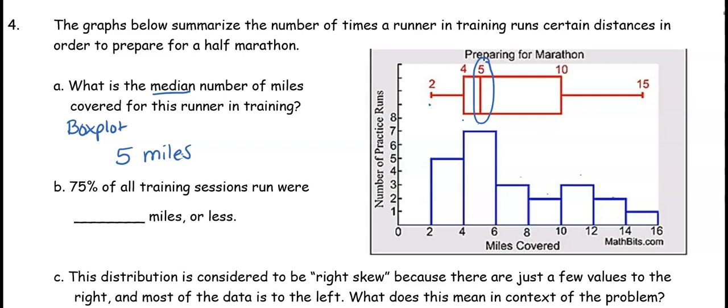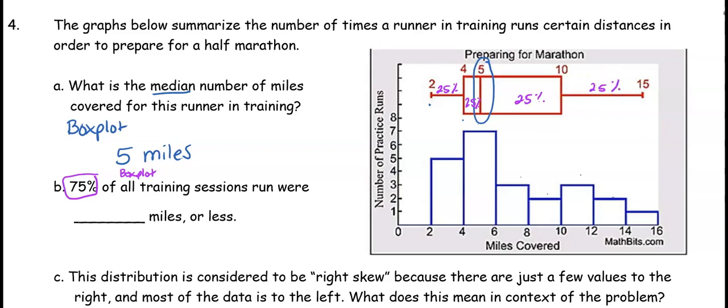Part B, 75% of all training sessions run were blank miles or less. So again, when I see this 75%, this is telling me I'm going to look at the box plot, because I know this is 25%, this is 25%, this is 25%, and this is 25%.